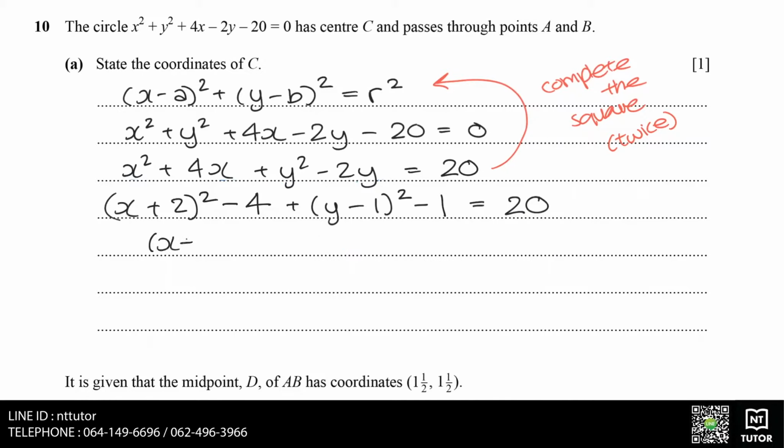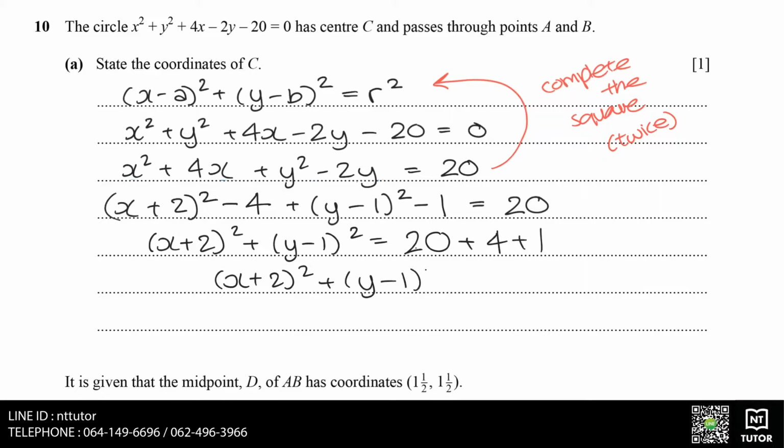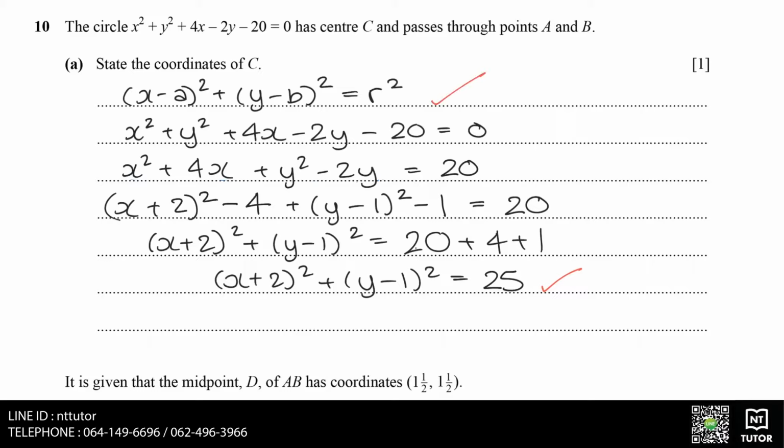And then we can move all the constant terms to the other side of the equation to make it look like the general formula. And now that our equation is in the exact same format as the general formula, we can tell what the center of the circle is. And the center is at minus 2, 1.